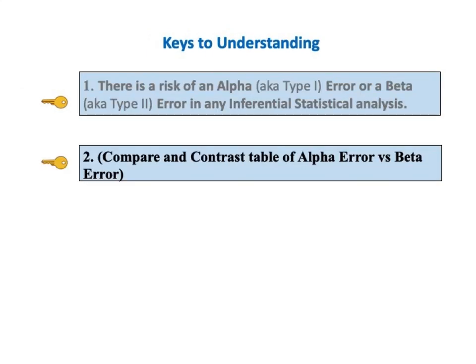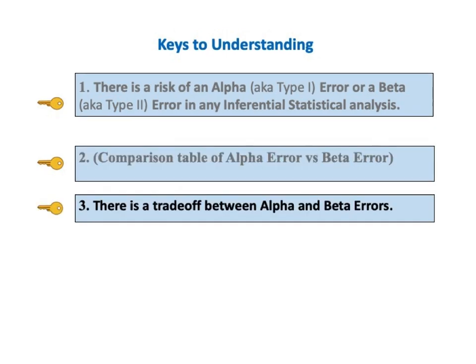KTU number 2 is a table which compares and contrasts alpha errors versus beta error. There are 7 points of comparing and contrasting, which should help clarify each of these 2 concepts. Key number 3 says there is a trade-off between alpha and beta errors.